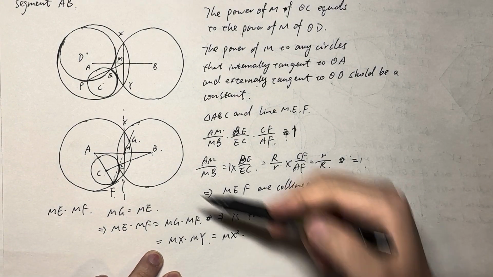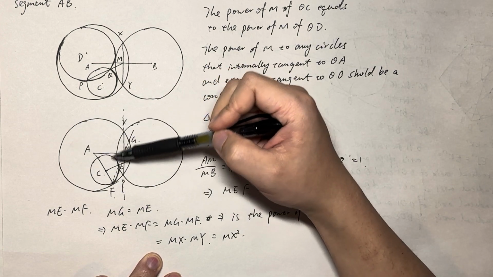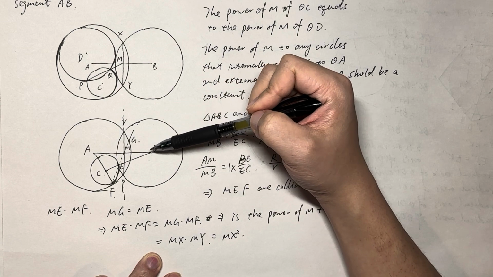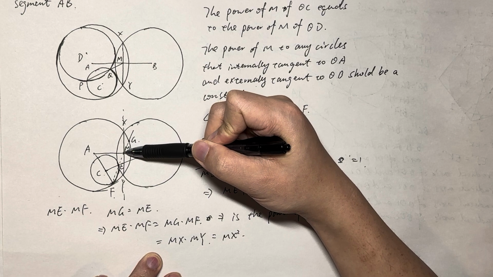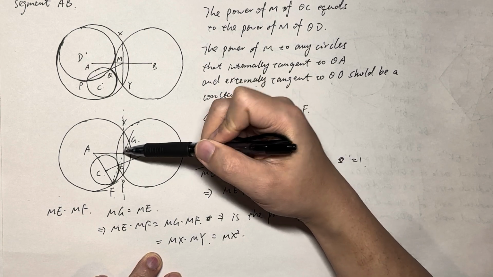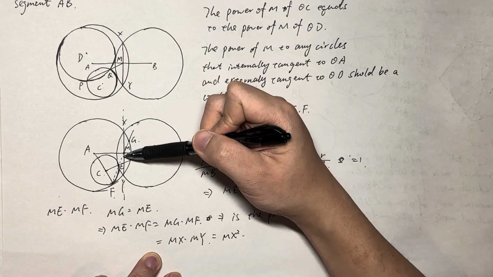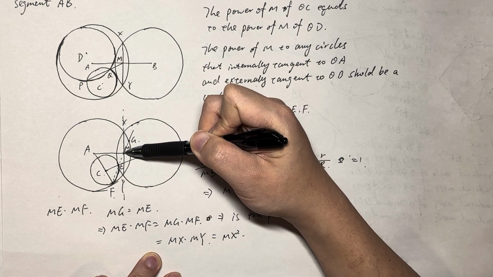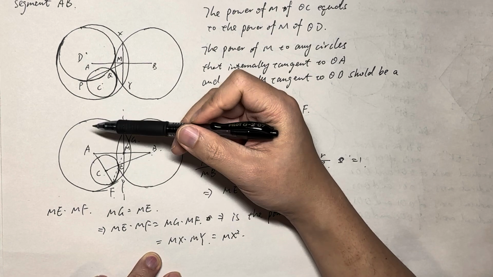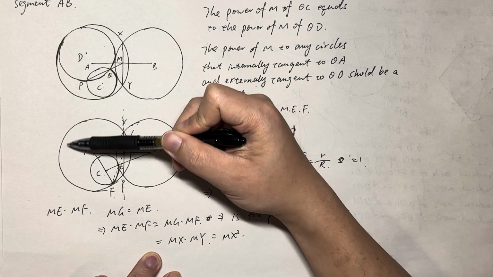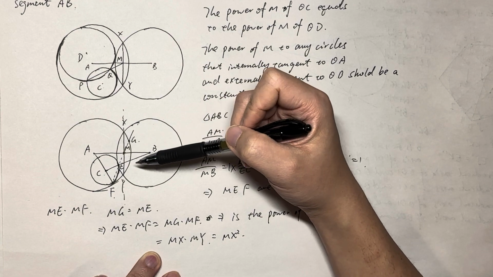That is saying for any circle that is internally tangent to circle A and externally tangent to circle B, so for any circle that satisfies that condition, the power of M to any circle that is internally tangent to circle A and externally tangent to circle B is equal, right?